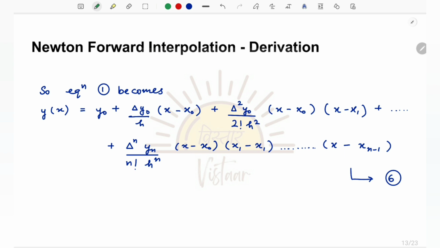Now let us recall that initially we have considered that u is equal to (x minus a) divided by h, where a is the base value or x0. So I can rewrite it as (x minus x0) divided by h.